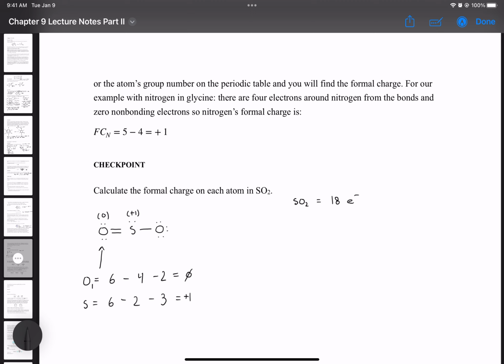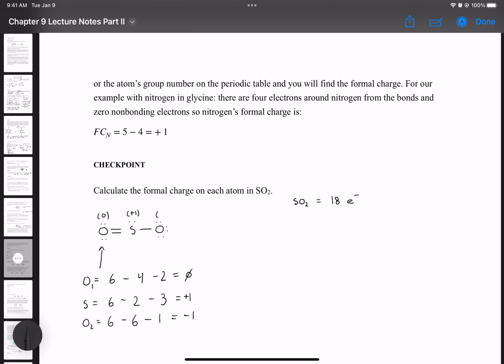All right. And now for oxygen 2 here, the right-sided oxygen right there. So same kind of deal, 6 electrons. Now it has 6 electrons as non-bonding, as lone pairs, and then 1 bond, and that will give us -1.